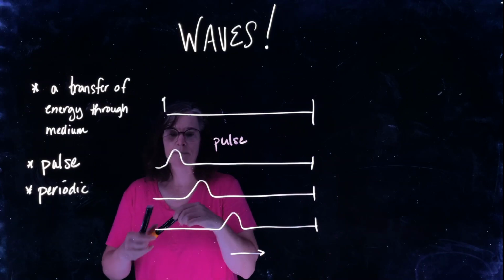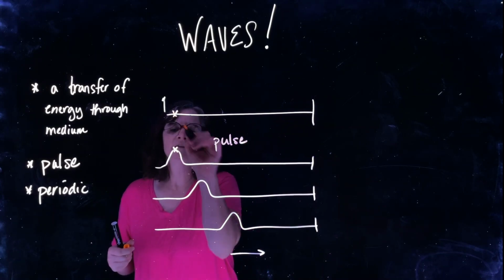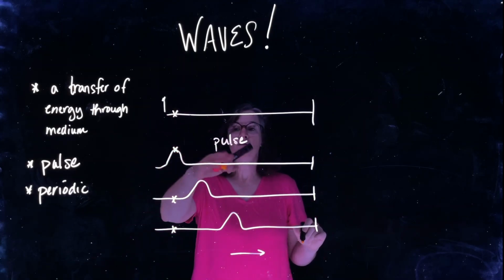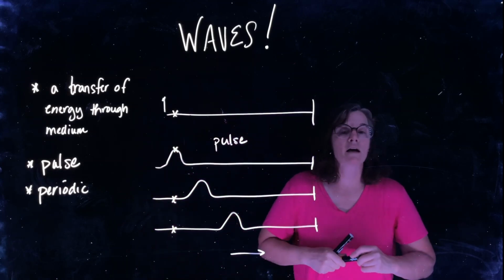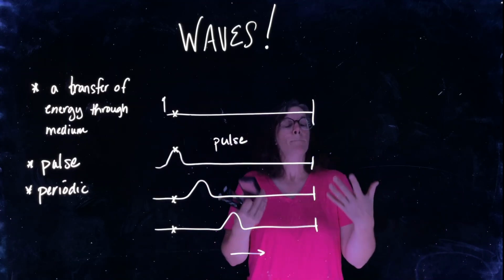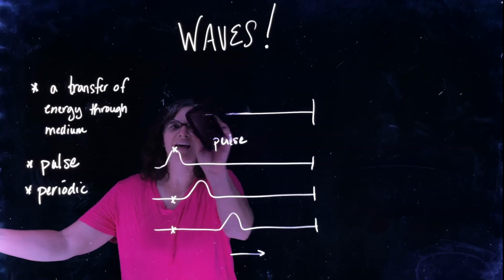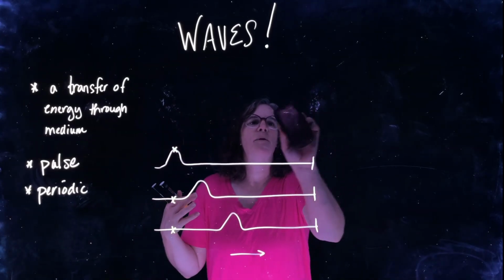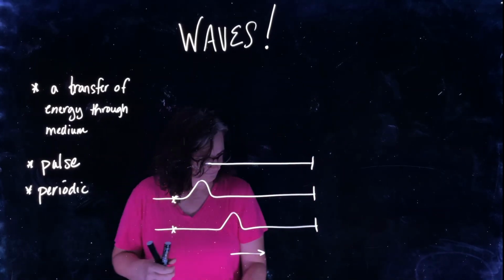Again, if we examine a particular location on the string, the wave moved through it, and that particular element of the string remains undisturbed after the wave has passed by. That's what we mean when we talk about wave pulses. When we look at superposition, we'll use a pulse to help us develop our ideas about superposition. So I want you to be familiar with a wave pulse.